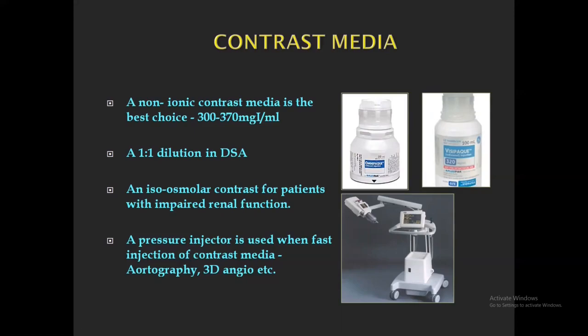In such cases, we can use an isosmolar contrast media like Visipaque. A pressure injector is used when high pressure injections are required, like in aortograms or in 3D angios. So this is a pressure injector in which we load contrast. This is there in CT and MR also.